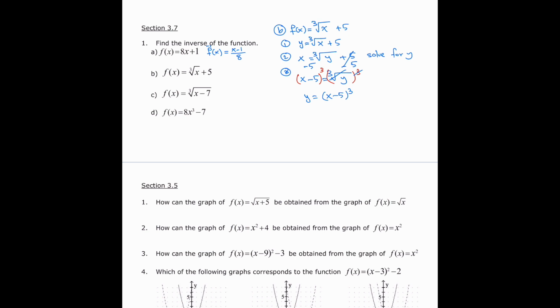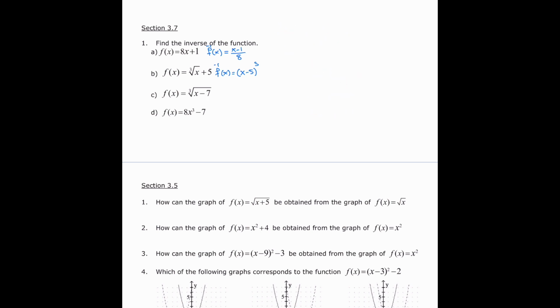So that is the inverse. I'm going to write f inverse of x is equal to (x minus 5) cubed. Okay.